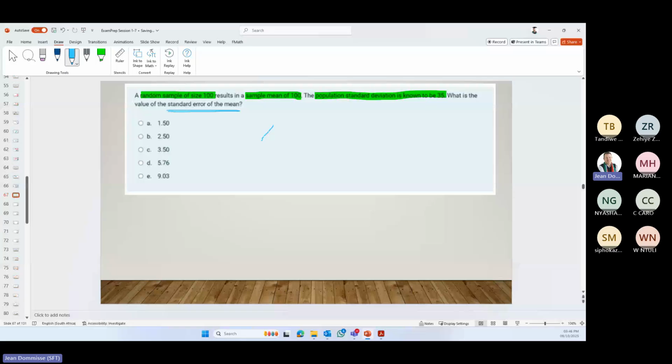Okay, so let's just write out the formula. And then also important, this is the formula that we use, but this at the bottom, that is the standard error. Okay, so that is the standard error that we're looking at.